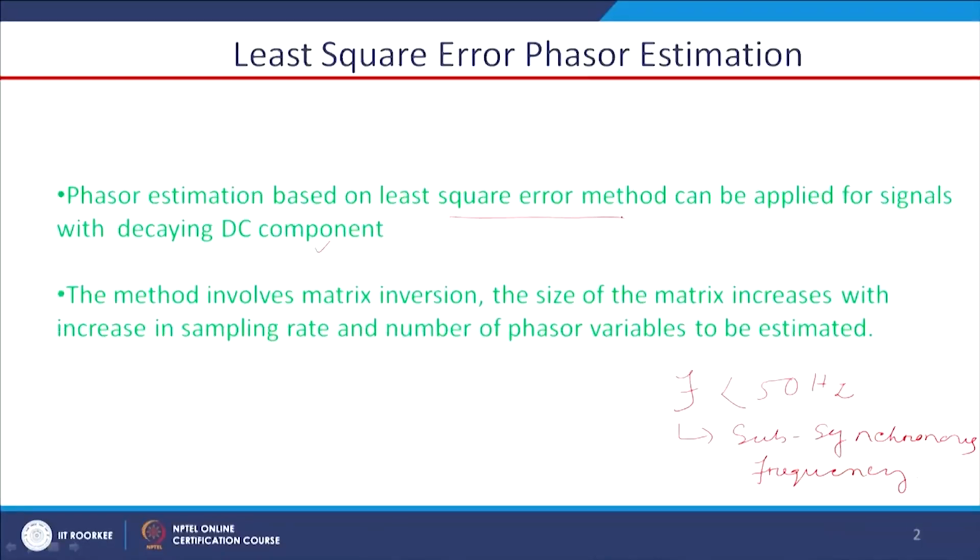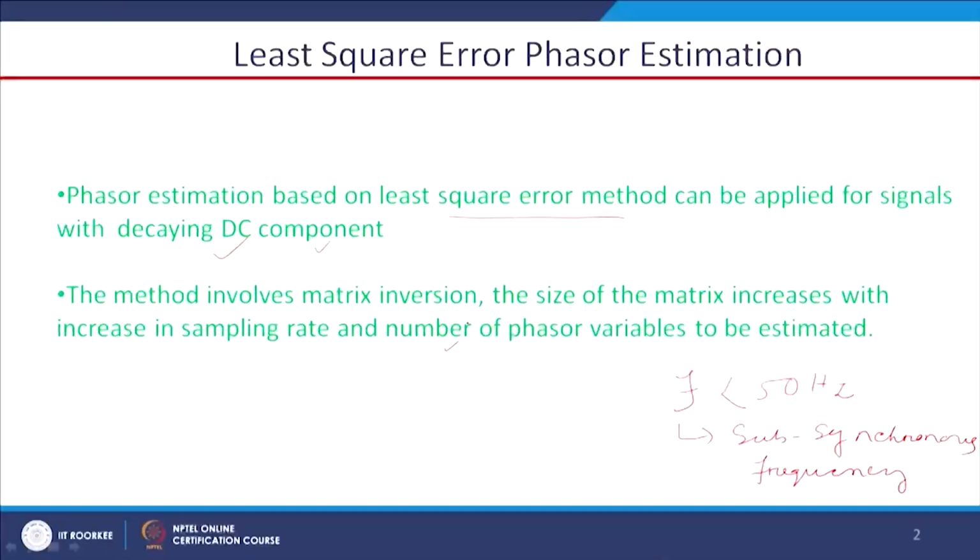That is what we have mentioned here, that this phasor estimation based on the least square error method can be applied for signals with decaying DC component, because in power systems, maybe in a smart grid environment, the signal may have a decaying DC component. So, in that case we can always extract the decaying DC component using this particular technique.